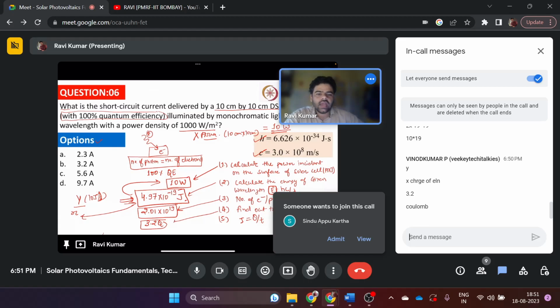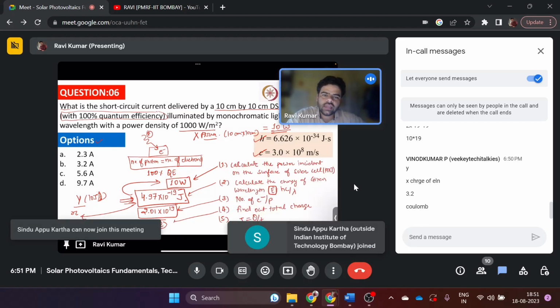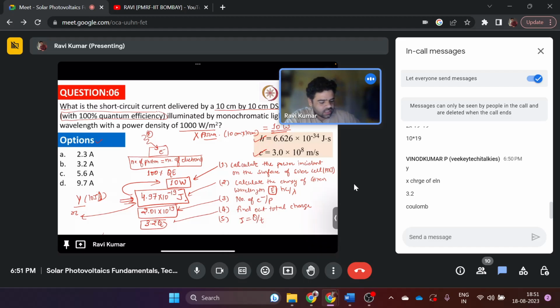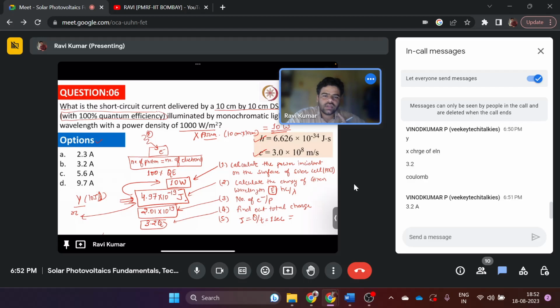And what are we doing? We are calculating in seconds, and we already considered 1 second. So here t is already considered 1 second. So how much current will it be? 3.2 ampere.